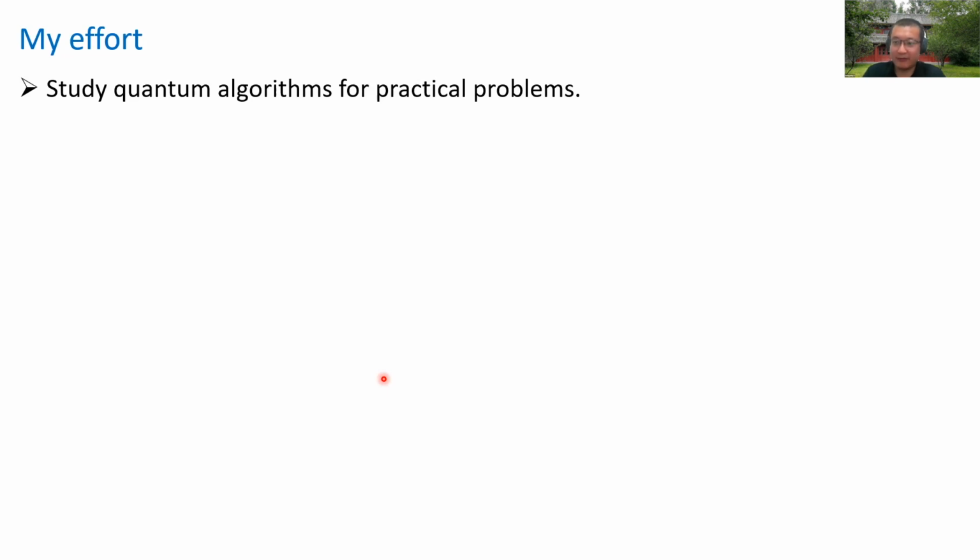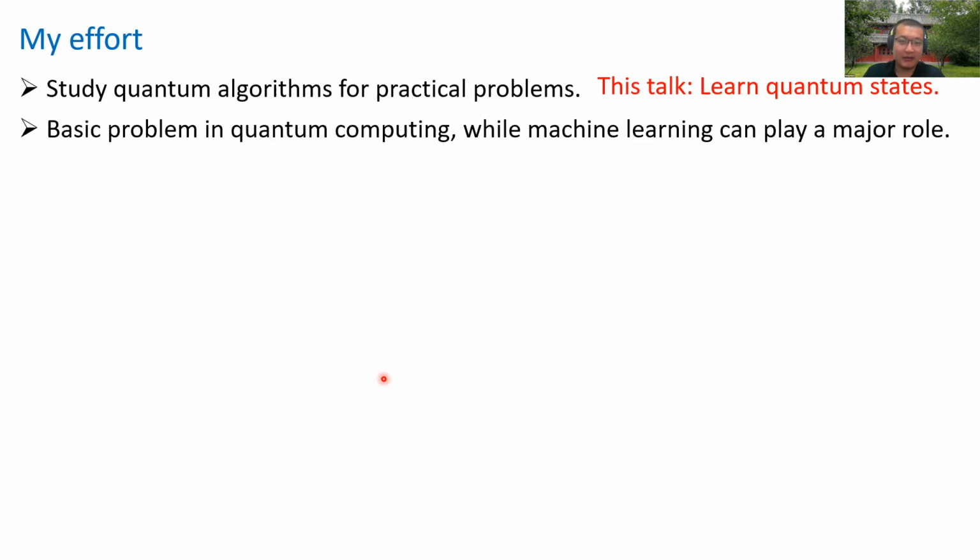There are many practical problems, but the focus of today is the important problem of learning quantum states. This is really fundamental because the quantum state is one of the most basic components in quantum computing. For learning quantum states, machine learning and existing results can play a major role, and this is the angle I'm cutting in from.